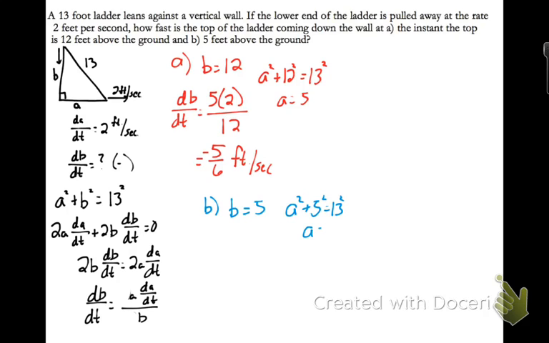This means that A will be 12 when we solve this. And since what we want to know is how fast is B falling or changing at this point in time, then this will be 12 times 2 divided by 5, or 24/5 feet per second.